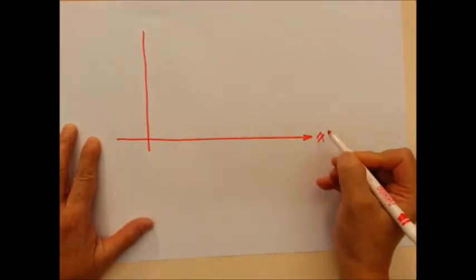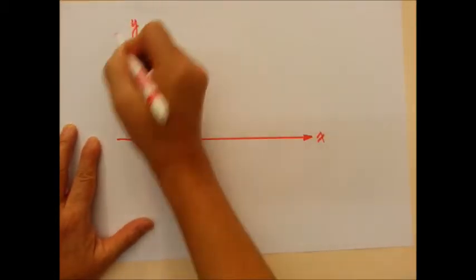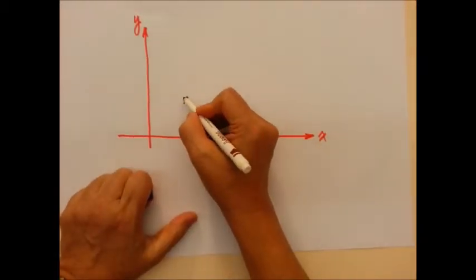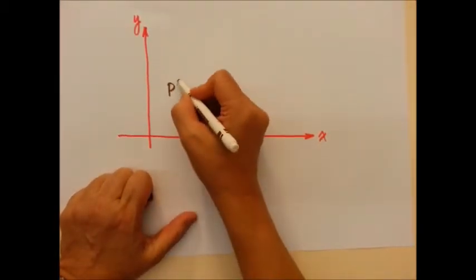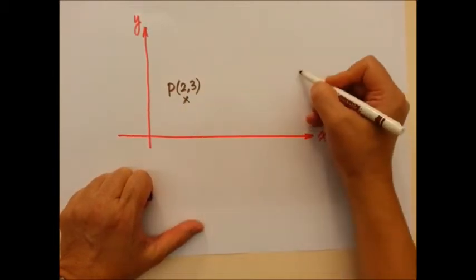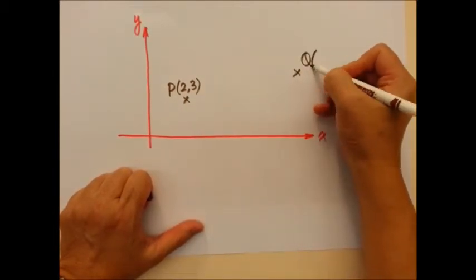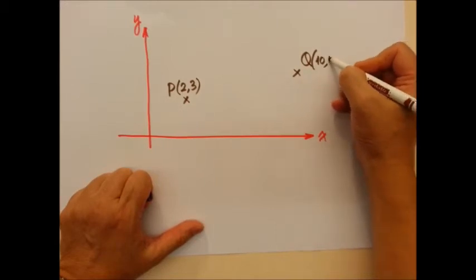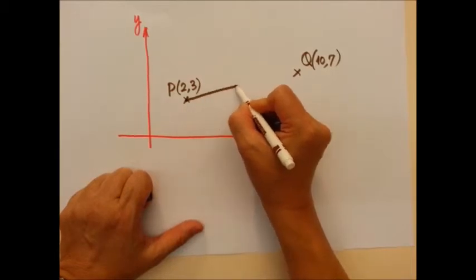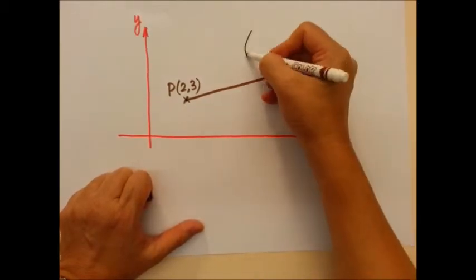Now, say, again we have the xy plane here. There's a point, for example P, the position is 2, 3, another point Q, 10, 7, and there's a straight line joining P and Q. And what is the slope here?